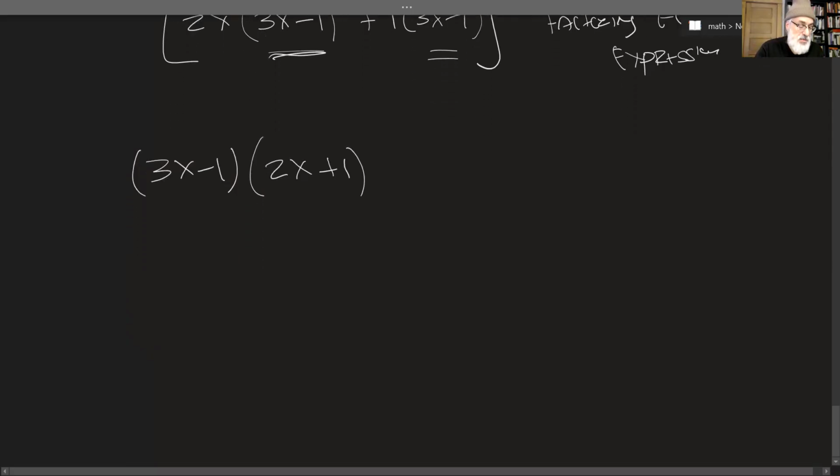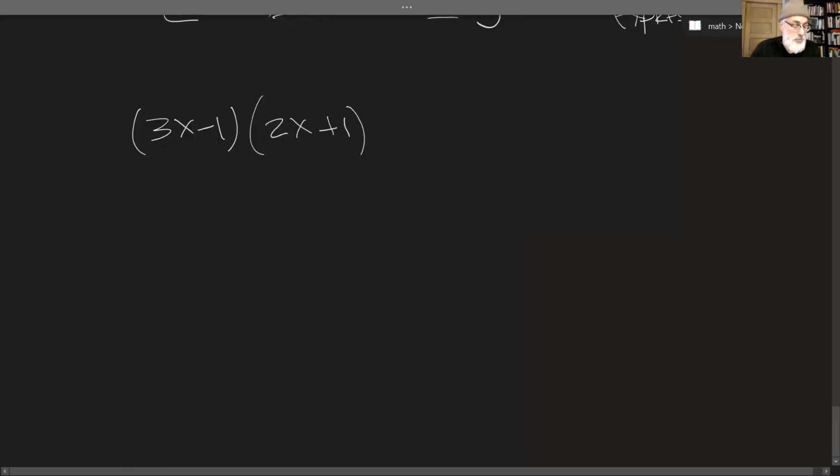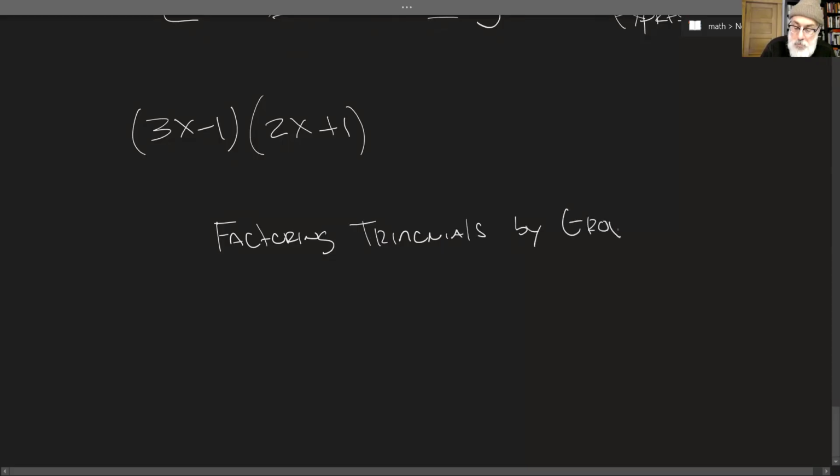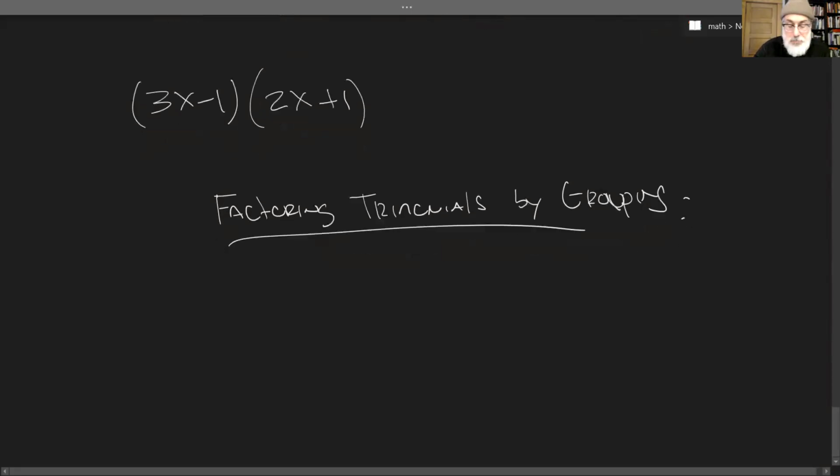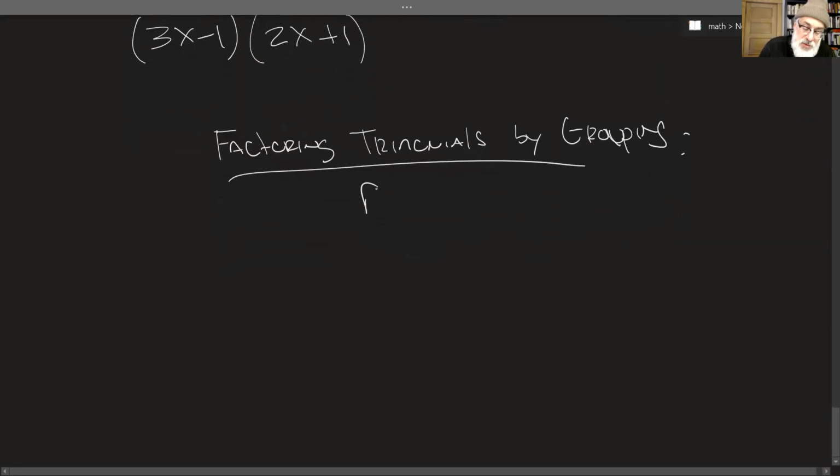So let's write this down. So this is what was factoring trinomials by grouping. So we can write down the algorithm, and this will have the form ax squared plus bx plus c.